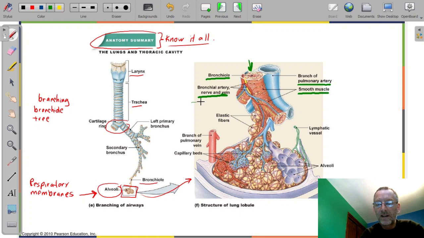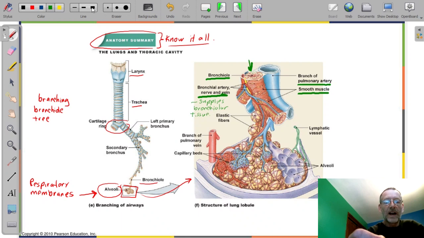So let's say this supplies the bronchiolar tissue, for example, the bronchiolar smooth muscle.